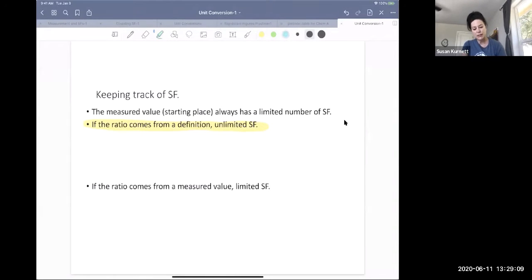But if the ratio comes from a measured value, we have to consider the limited sig figs. What kind of things will be measured? For today, it's if we have a rate, some change per time, or if we have a density. Those are measured. So usually the terms in the middle aren't changing the number of sig figs. We will see this twice today. If you're not sure, just round to the number of sig figs you started with.